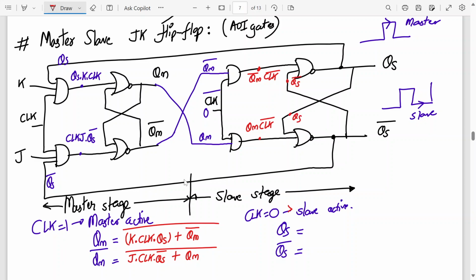This will be QS. Now tell me, QS is QM bar clock bar into, or plus QS bar, right? Yes. The whole bar. And this will be QM dot clock plus QS, the whole bar. Is this correct?